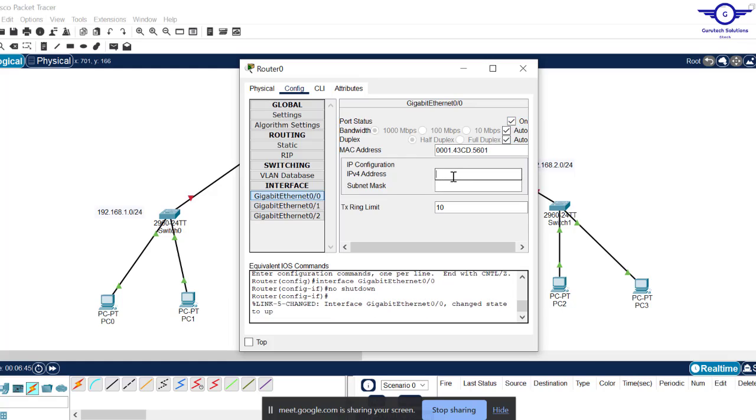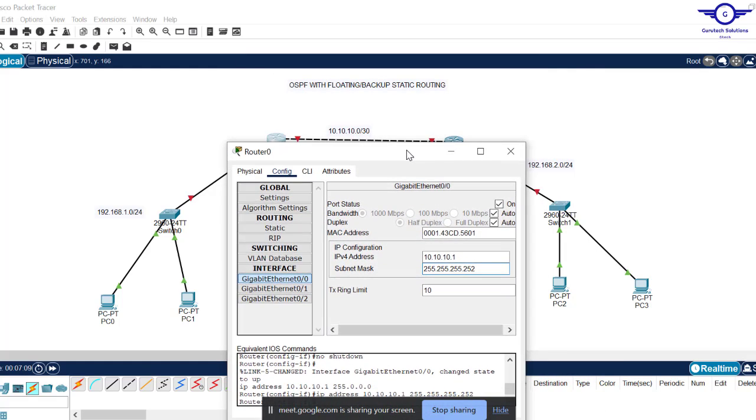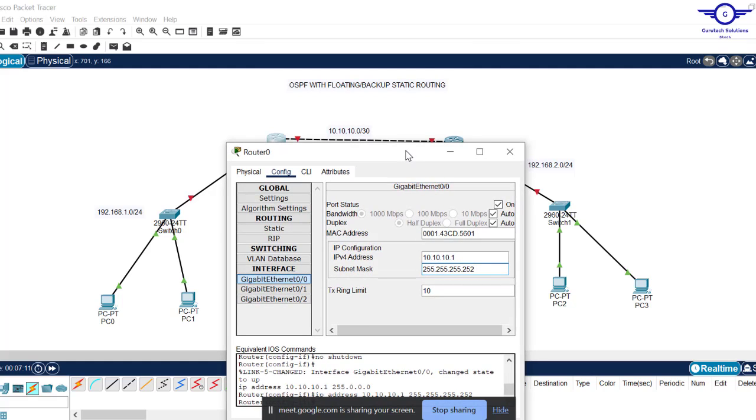Turn it on, and /30 notation is always 255.255.255.252. That's according to subnetting. Why 252? /30 notation is equivalent to 30 bits.